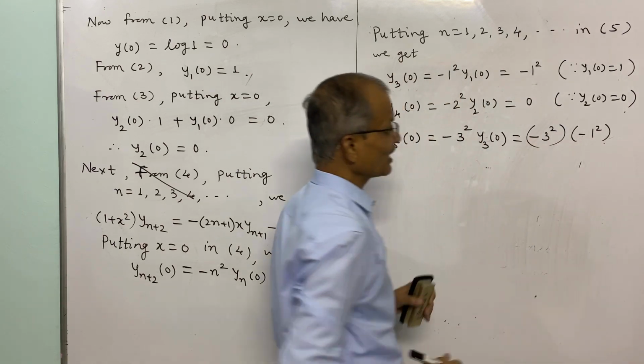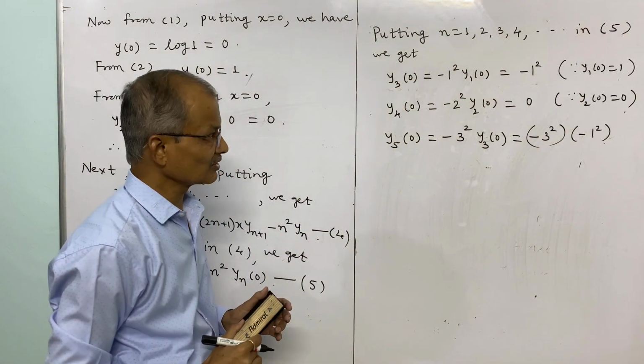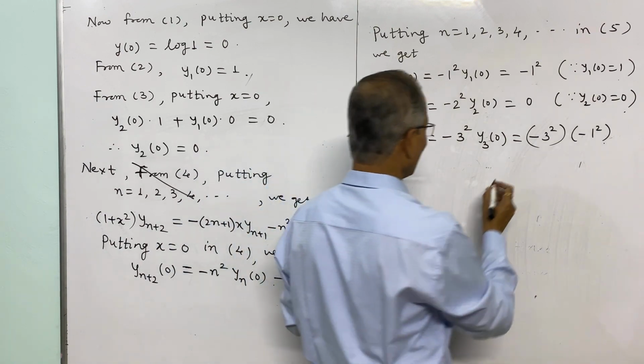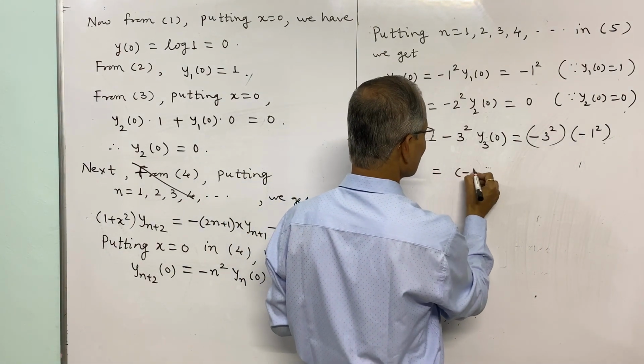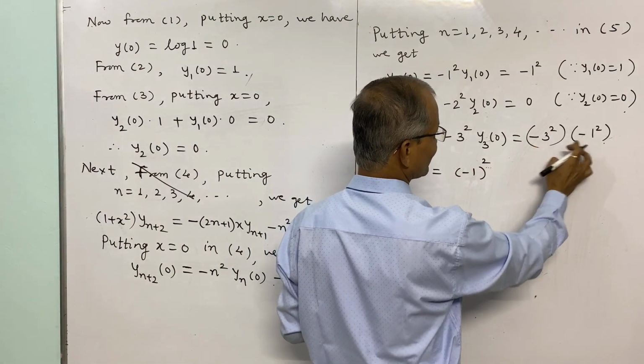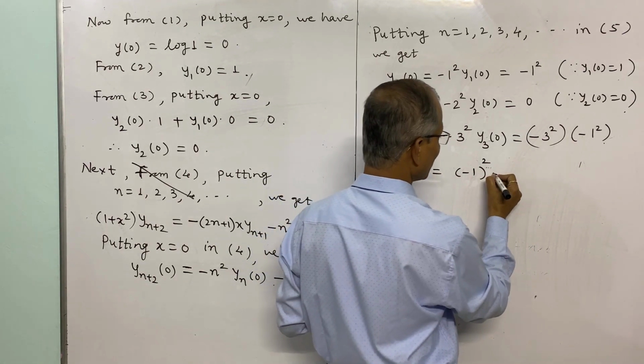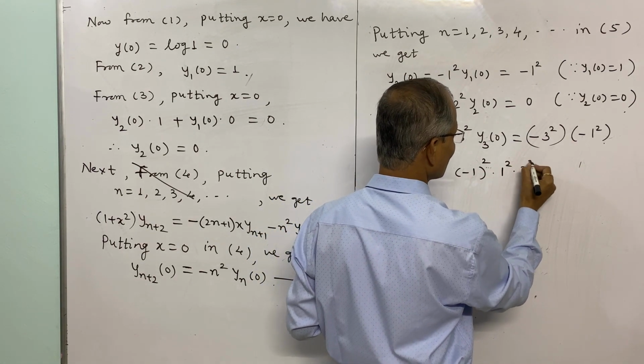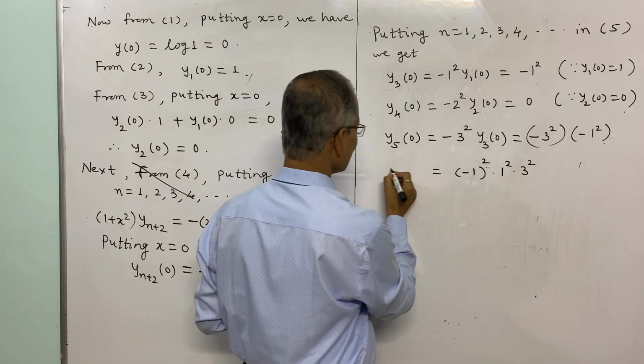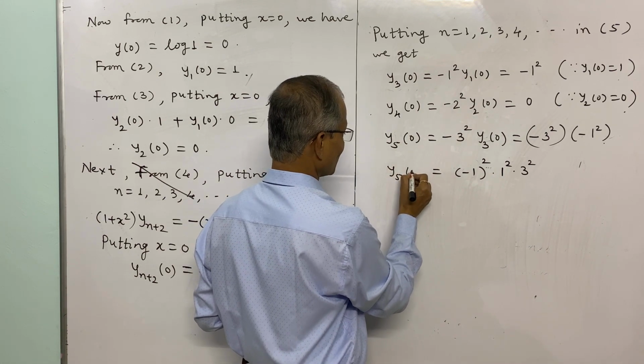This minus into minus becomes plus, positive. But we will write that as minus 1 square, minus 1 into minus 1, and then I shall write this as 1 square into 3 square. But what is this? It is y5 at 0.